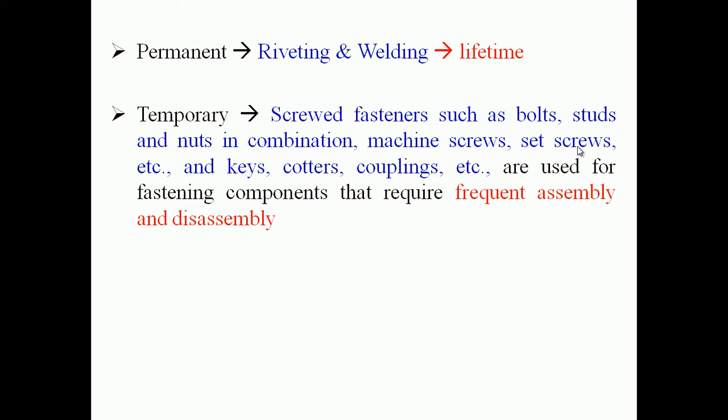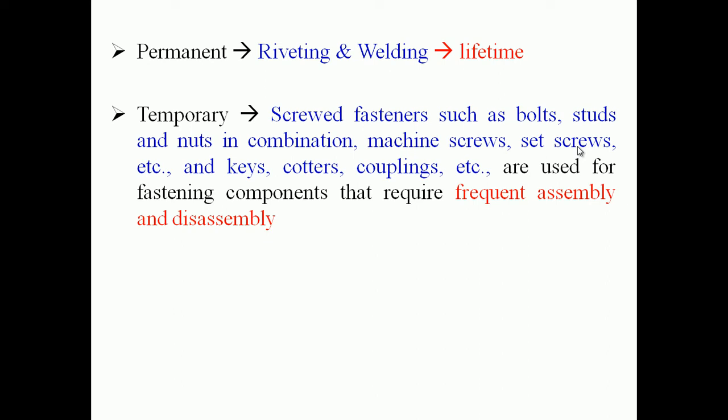The second one is temporary. Screwed fasteners: you can see bolts, studs, and nuts and combinations of these, and then machine screws, set screws, keys, cotters, couplings. All these things are used as temporary fasteners. The main purpose of these is fastening components that require frequent assembly and disassembly.